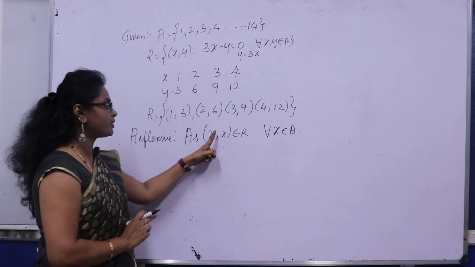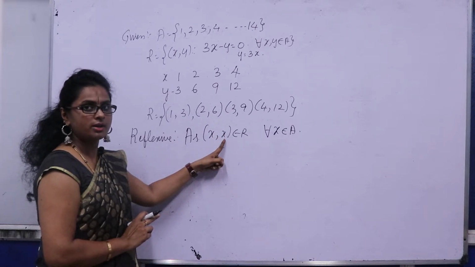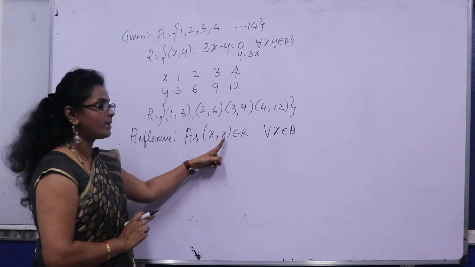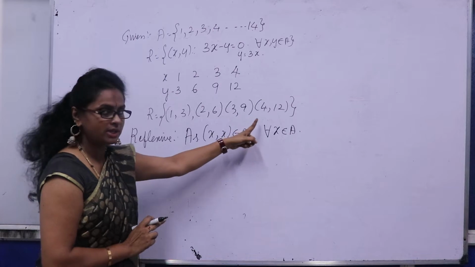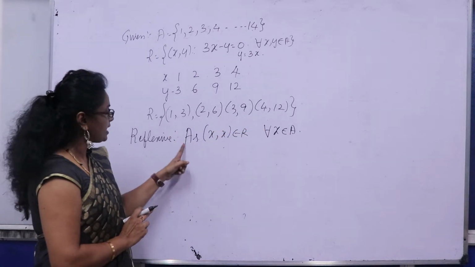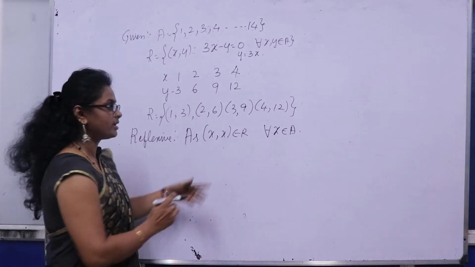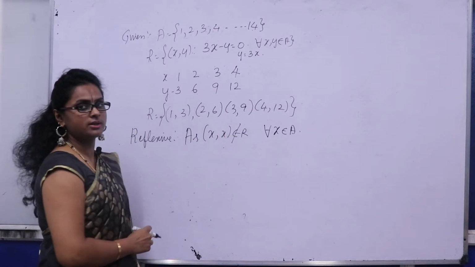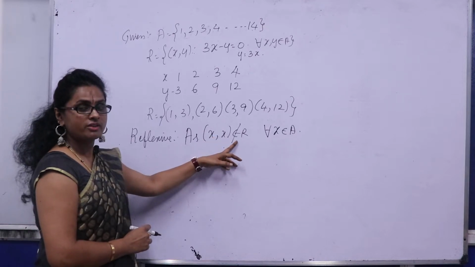because when you are standing in front of the mirror, you are able to see your image itself. So it is (2, 2). Do we have (2, 2) here? Do we have (3, 3)? No. So can I say (x, x) belongs to R here? It's impossible. So this is not reflexive.